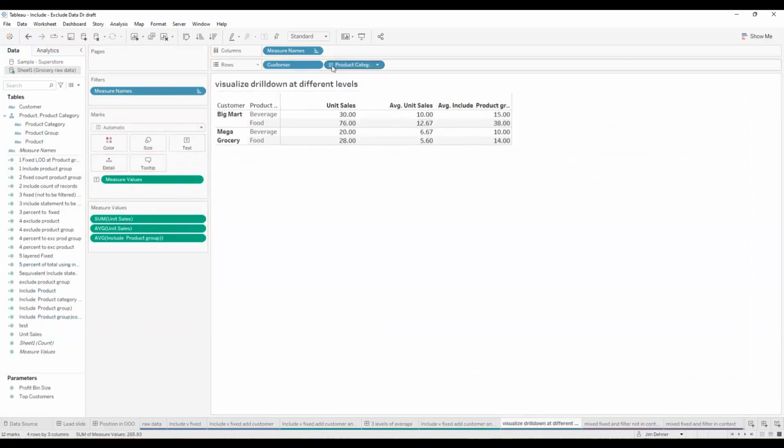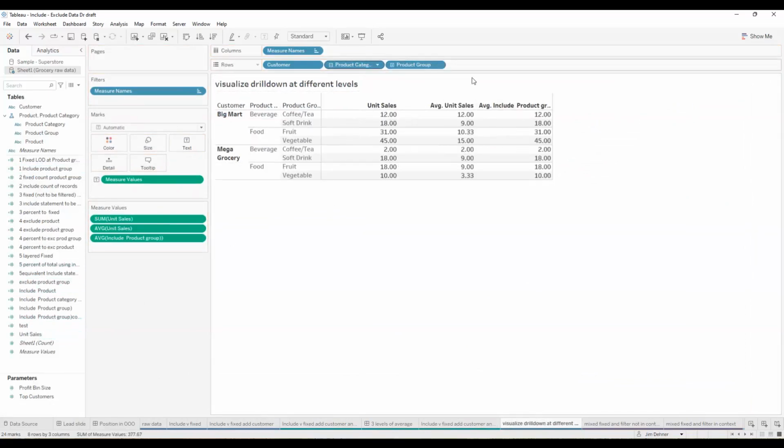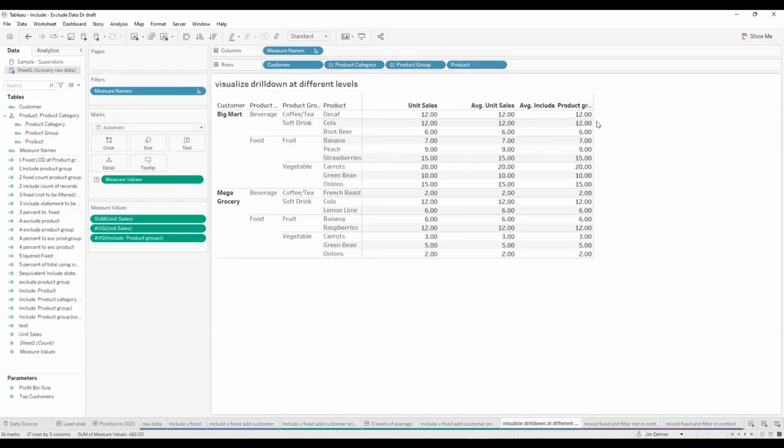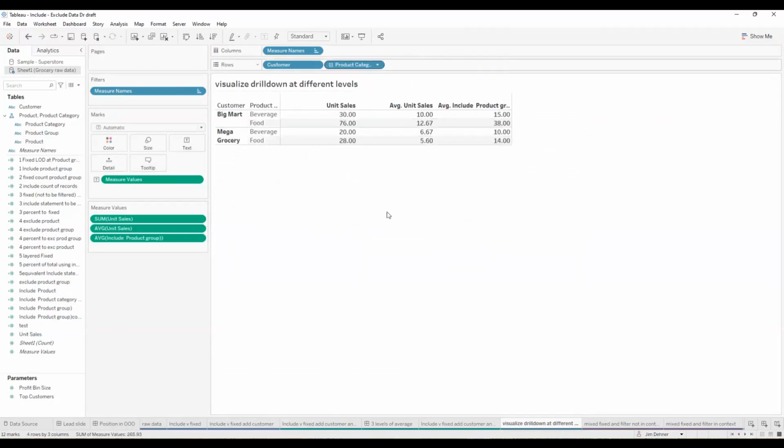And we can see that we expand this out to include the product group, 12 and 9 and 12 and 18. And take it down to the product level, and you can see where the differences occur. So if I'm a product manager, now I know how I can use this include instruction to look at different levels and get my overall averages.